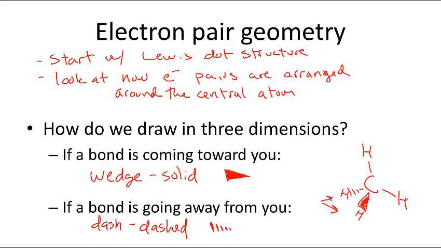If we were looking at this head on, the top H and the H on the left are on the plane with the board, right? And the wedge and the dash, the wedge is coming out, the dash is going in. But if you were looking at this straight on, you'd only see the wedge, you wouldn't see the dash, right? The wedge is blocking the dash. But we don't show that, right? We want to make sure that we know that there are 4 H's there, not just 3.